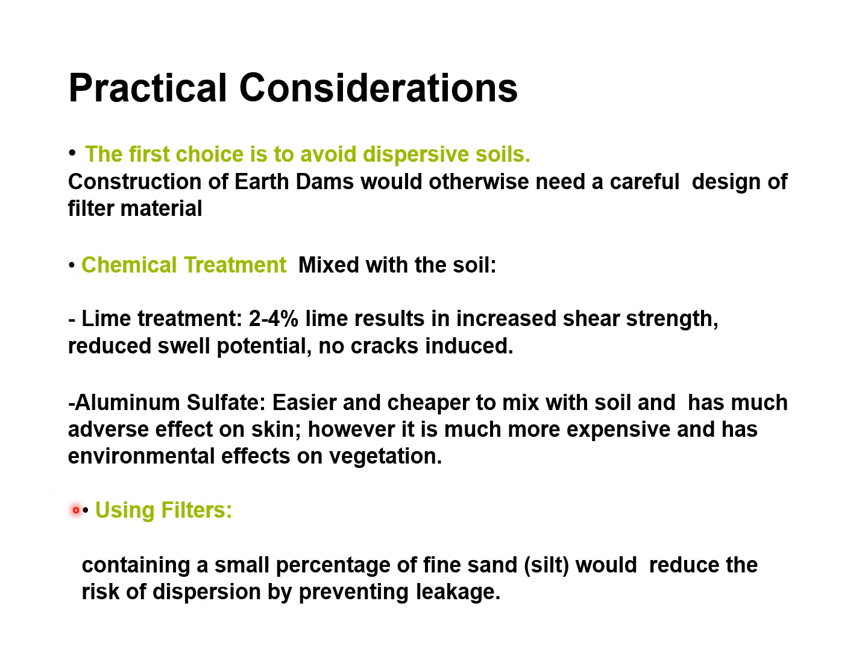And then the option of using filters containing a small percentage of fine sand silt would reduce the risk of dispersion by preventing leakage. So these are the practical considerations you can opt in the case of dispersive soils.